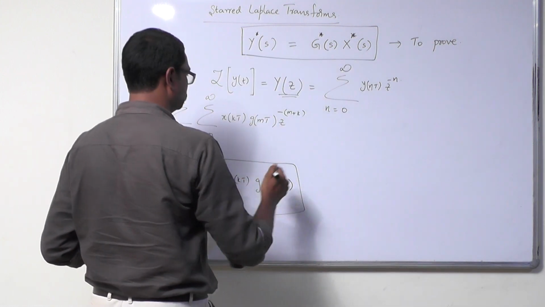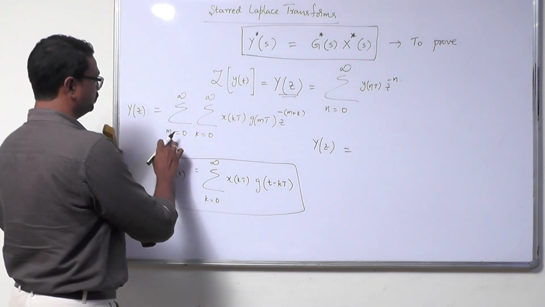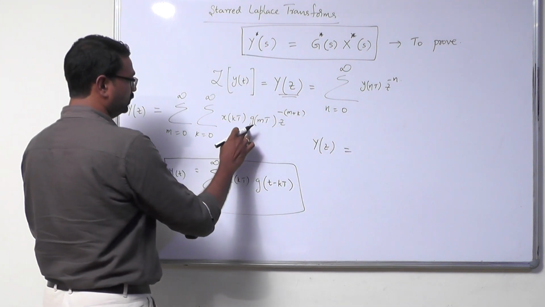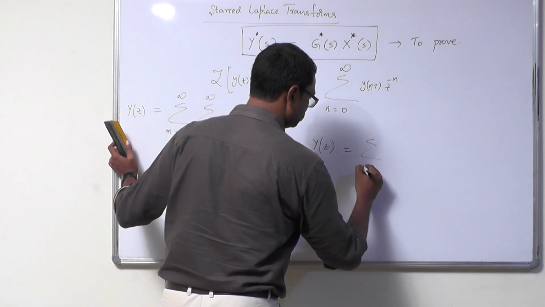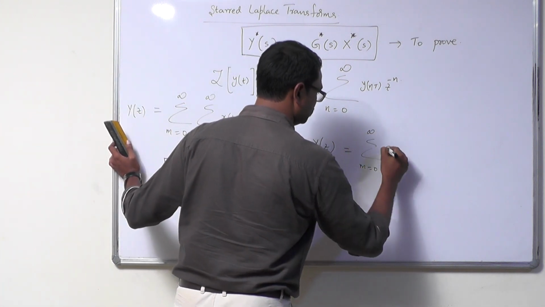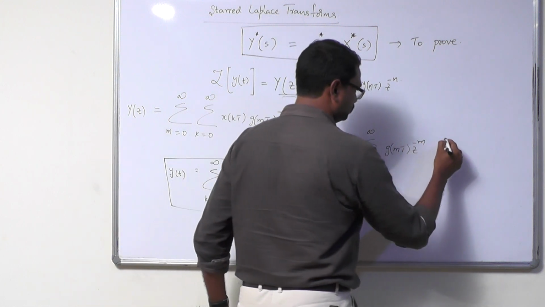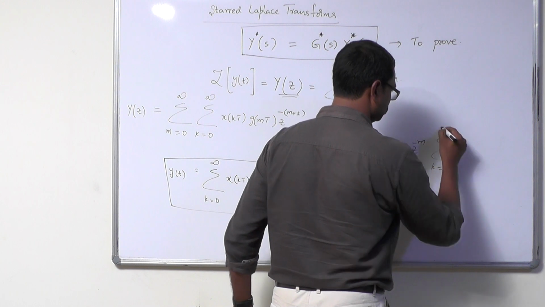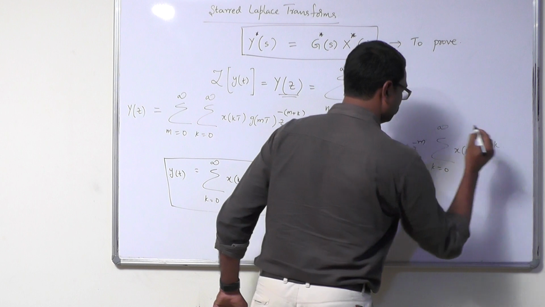Now what is that equation that we are going to get? Y of z is equal to sigma m 0 to infinity g of mt z power minus m, and sigma k 0 to infinity x of kt z power minus k.